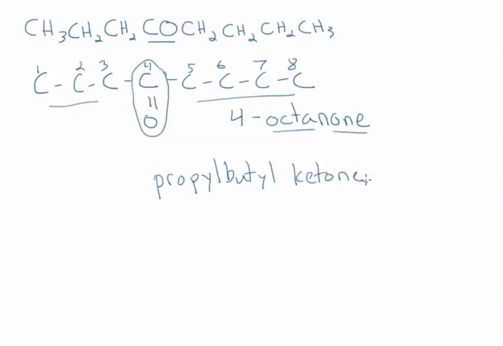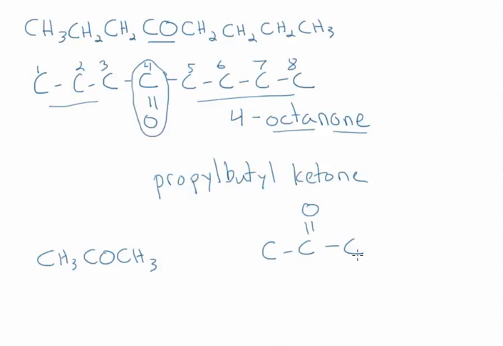Let's look at another example. This is the most basic ketone we can have. And using IUPAC naming, you would say, this is on the second carbon, so you would say 2, this is 3 carbons, so it would be propane.